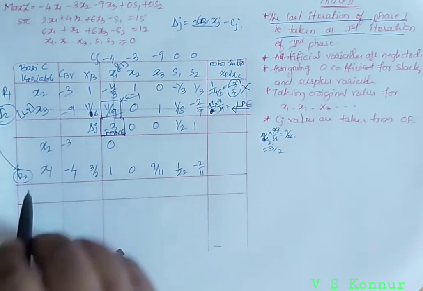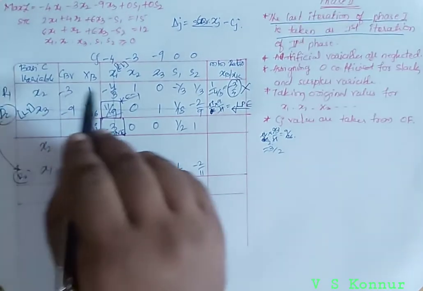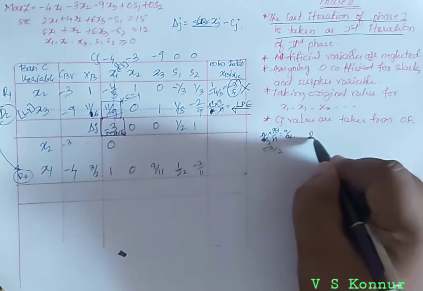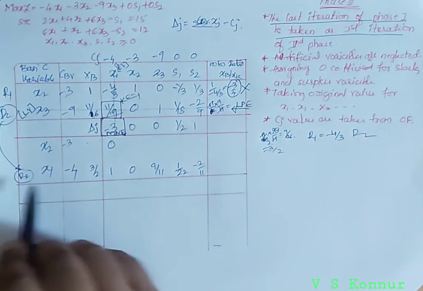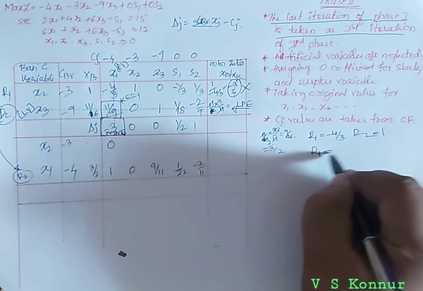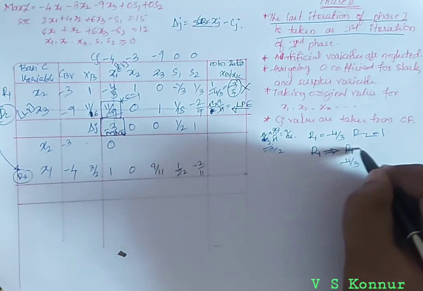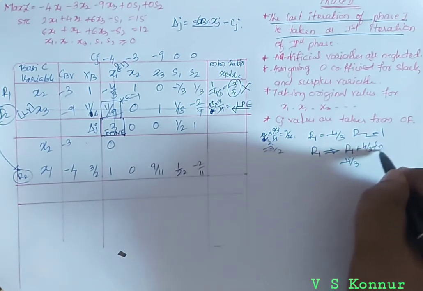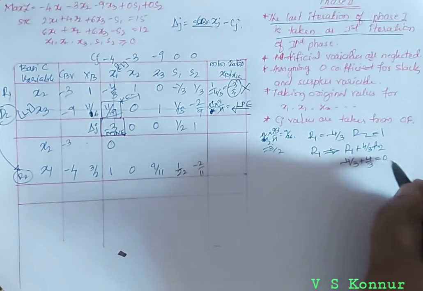Now we should consider this as R2. Now for R1 we have minus 4 by 3, R2 is equal to 1. For R1 we have to write R1 plus 4 by 3 R2, which is equal to 0, we will get.